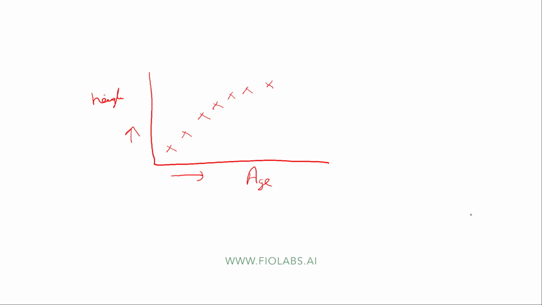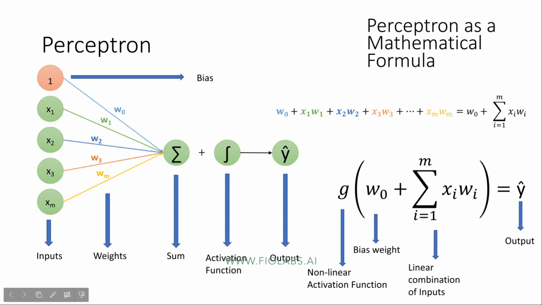And once he touches an age of 20 or so, the height is usually constant. So you can see that most real life data is actually curvilinear in nature instead of linear. That's one of the main reasons why we use an activation function and try to make this a nonlinear output.